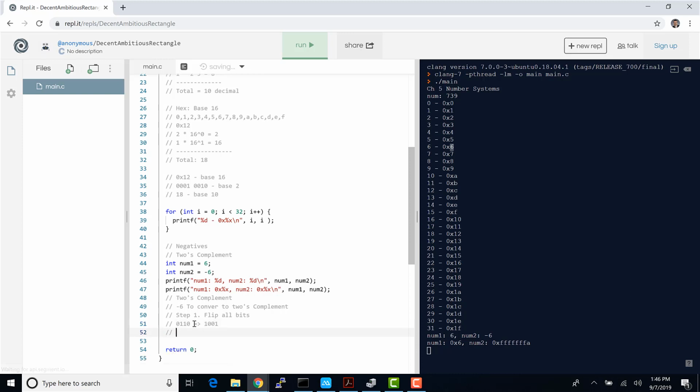So that's step 1. Step 2, you just add 1. Let's take this 1001 and add 1 more. Let's take each bit in turn. 1 and 1, we're going to get a 0 here, because remember, we can't have the number 2 there. 1 and 1 is actually 1, 0, but we carry the 1.